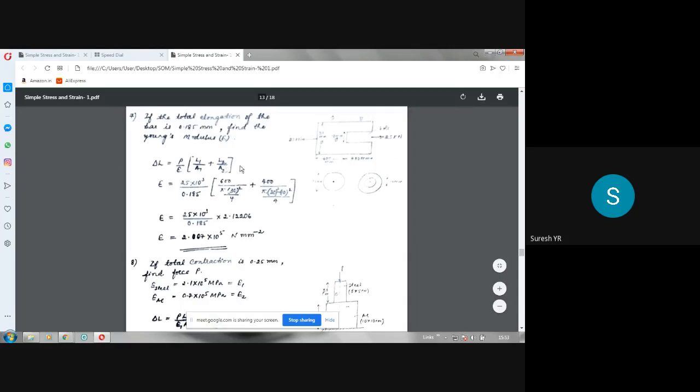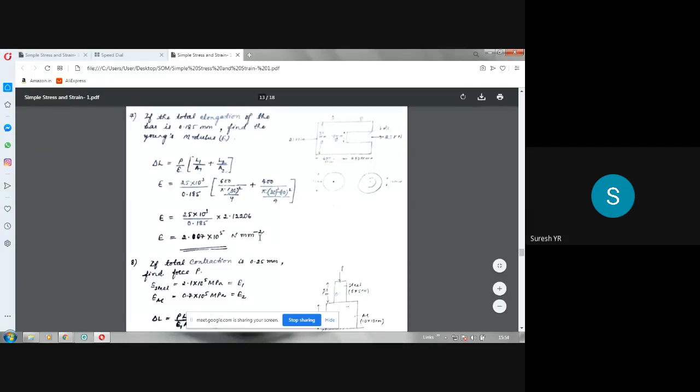Plus L2, the length of this portion from here to here, 400 mm, divided by its area, pi by 4 into 30 square minus 10 square. That is the area of the hollow circular section. If you simplify this, you will get the value of E as 2.007 into 10 power 5, or roughly 2 into 10 power 5 Newton per mm square.